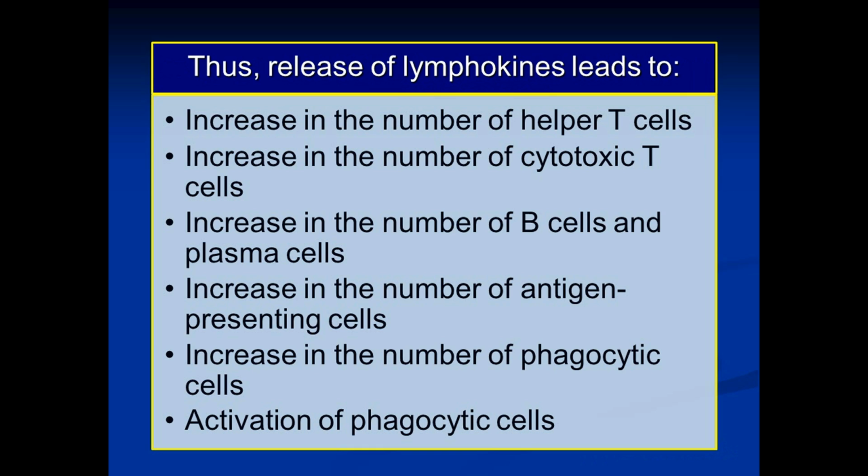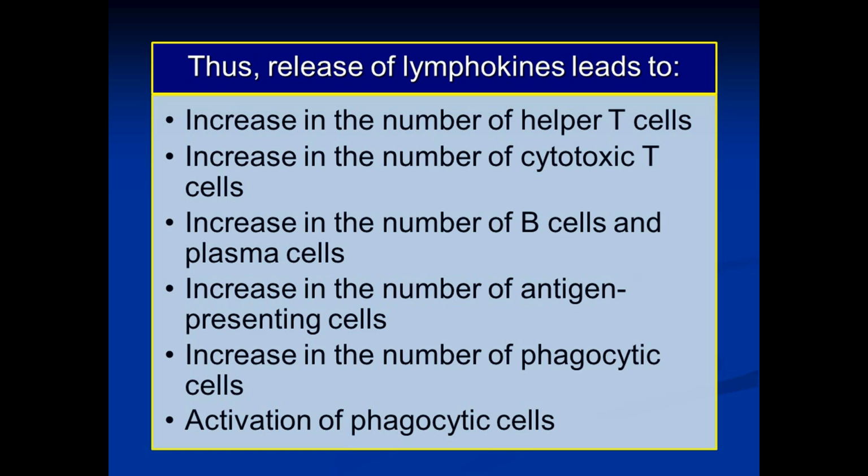So, the release of lymphokines results in an increase in the number of helper T cells themselves, an increase in the number of cytotoxic T cells, an increase in the number of B lymphocytes, and from B lymphocytes, plasma cells will be formed.